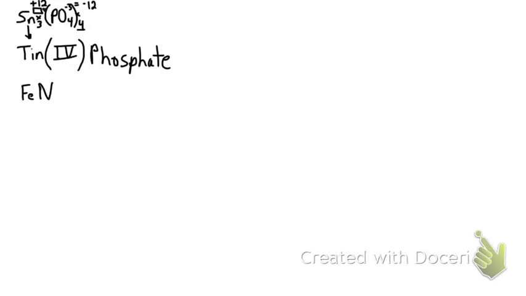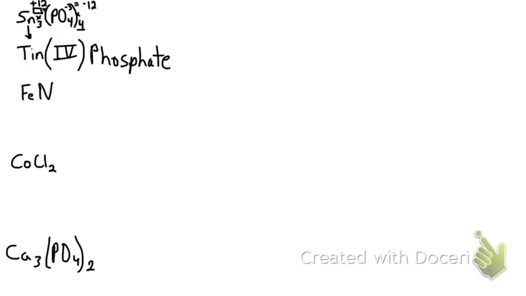Alright, and then we have COCl2, and we will also have Ca3PO4 2. Alright, so take a moment to name those. Pause the video because I'm going to start naming them right now.